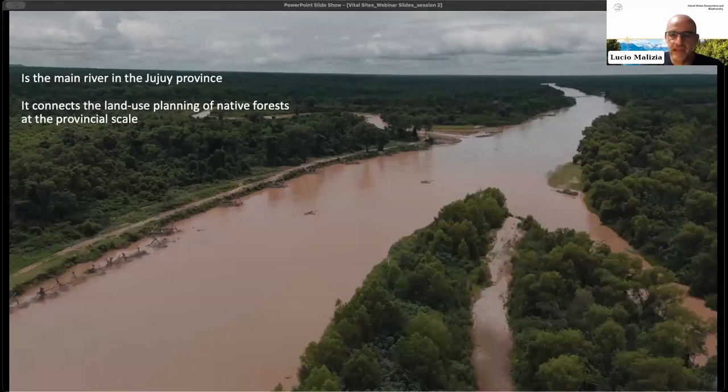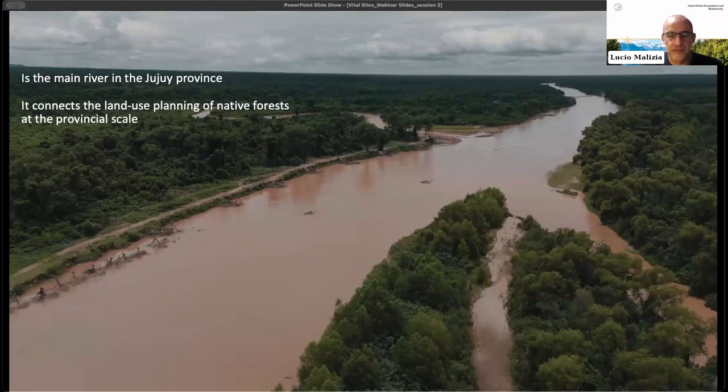Perhaps the most important thing about this river is that it's the main river of the province, and it connects all other rivers in the region. It's like, I'm not sure how to say in English, the main column of a body that will receive all other smaller rivers and streams into this main river.